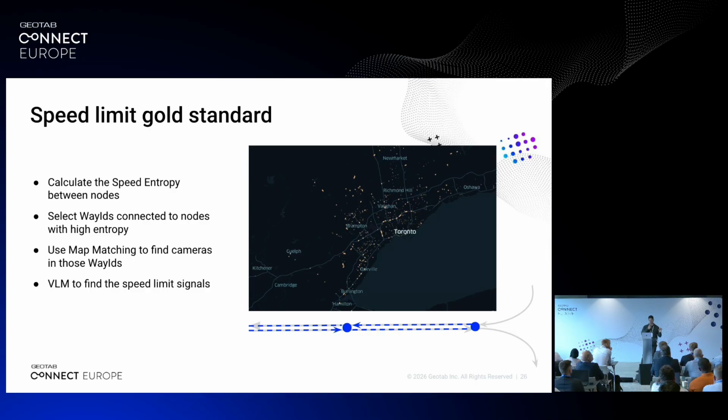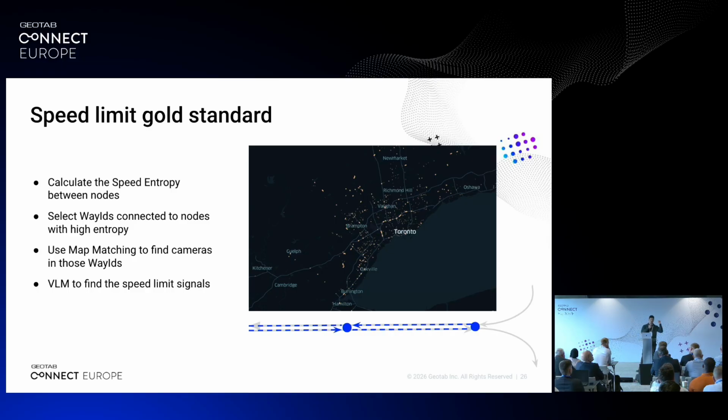You have points that are the nodes, you have lines that are the ways, and for the different directions, we have different ways. Very simple. So what we are doing is going into the point, calculating all the speeds coming in, creating a measure of the speed entropy, and then selecting the nodes with high speed entropy. Those nodes with high speed entropy are the candidates to have speed limit signs close by.